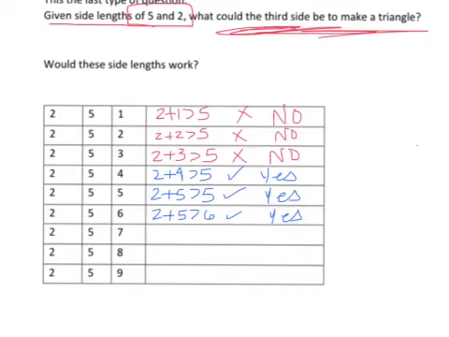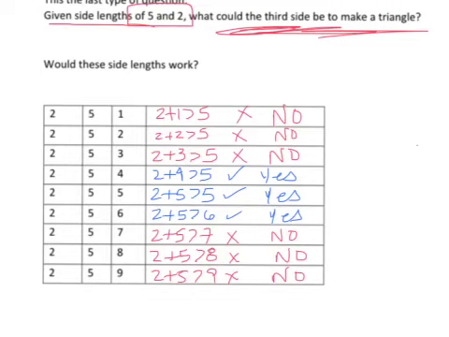Then I'm going to do 2 plus 5 greater than 7. Oops, no, equal to 7. 2 plus 5 greater than 8? No. And 2 plus 5 greater than 9? No. Now, if you take a close look here, it's these lengths that would work to make a triangle.